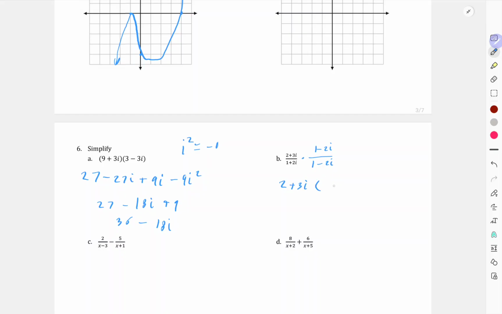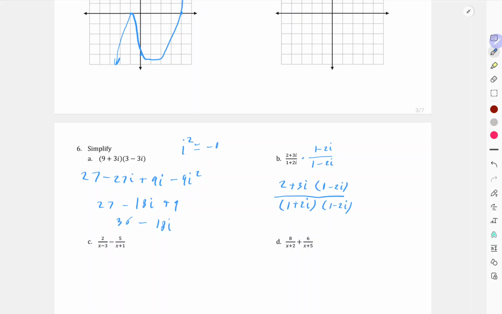You multiply by its conjugate. The conjugate of the denominator is 1 minus 2i. So you multiply them and it's 1 minus 2i over 1 plus 2i times 1 minus 2i. I know it's a little complicated, but it gets it done.